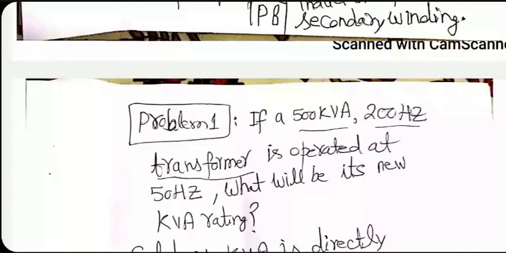Assuming that same current is being drawn, the kVA rating will also drop by a factor of 4. Volts multiplied by ampere would also go down by a factor of 4. So the new kVA rating will be 500 divided by 4, 125.